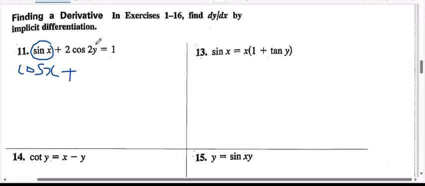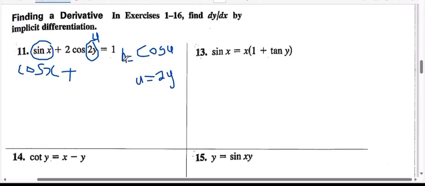Like I said, if you want to differentiate this guy, if you make this to be u, you're going to have cos u, or maybe we let h be equal to cos u, and don't forget, u is going to be equal to 2y, right?